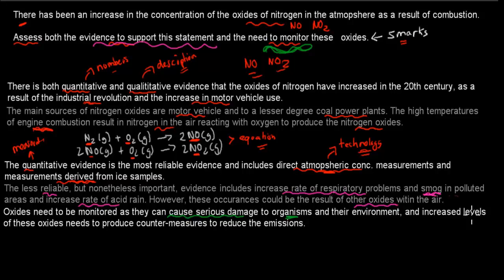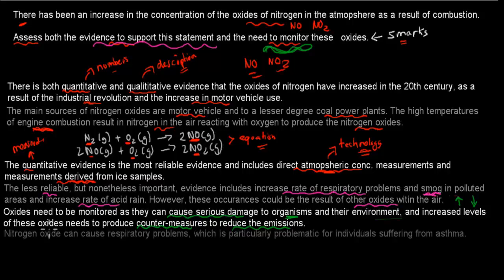So basically what I wanted to write is if our levels of nitrogen oxides go up, there needs to be some kind of countermeasure to make sure we can bring it back down. So there needs to be steps that come into place to bring that back down to normal, to reduce our emissions. So ignore the grammar of that sentence, but the idea was just that if we have too much, we need to be able to monitor that, because if we know that it's too much, we can bring it back down again. And it's important because it can cause damage to the environment and to organisms.